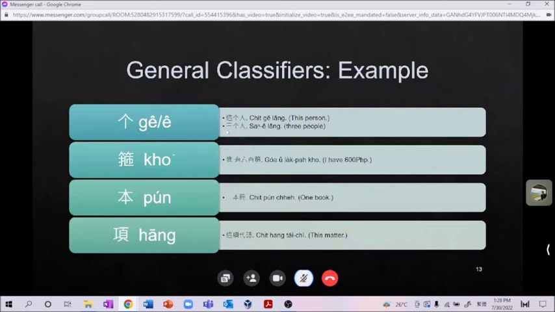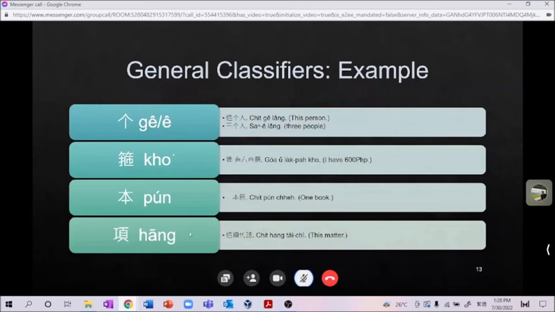Now, ko is for money. Lakpa ko. I have 600 pesos. Yeah, straightforward. Next we have pun, jipun che, one book.